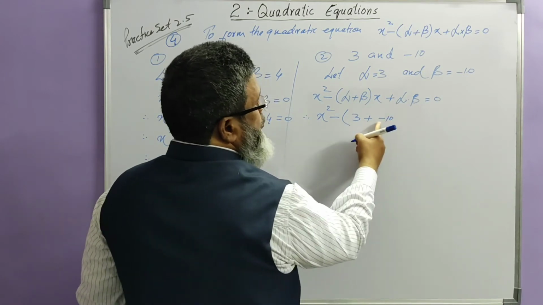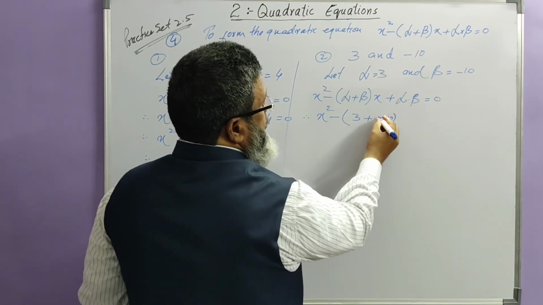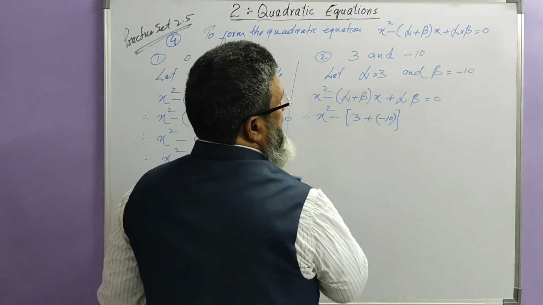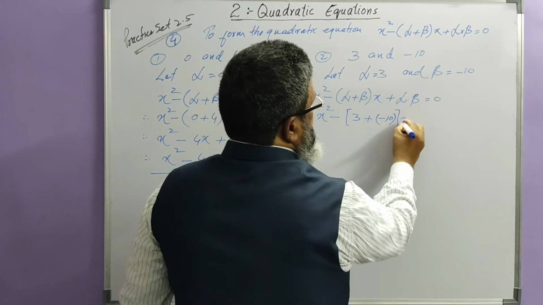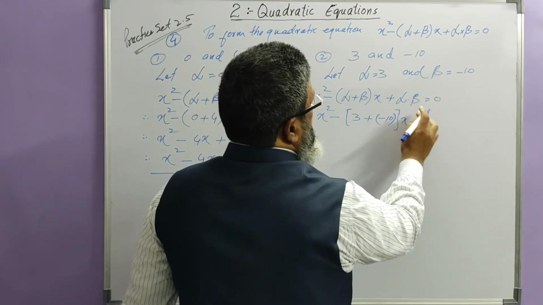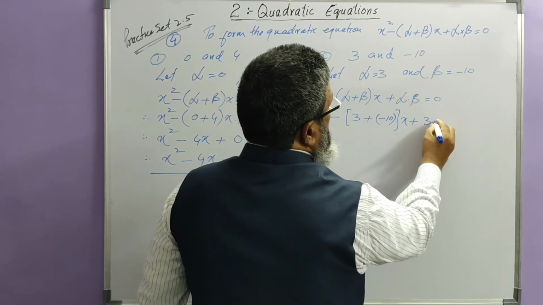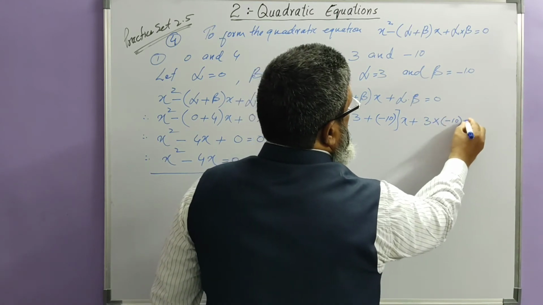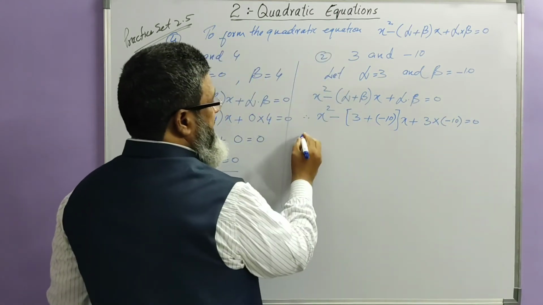You can't write two signs at the same time, so put the bracket here and make this bracket a big one. x plus alpha is 3 into beta is minus 10 is equal to 0.